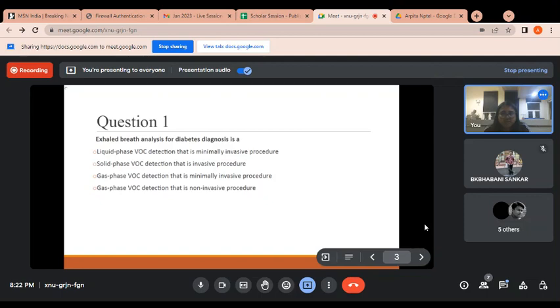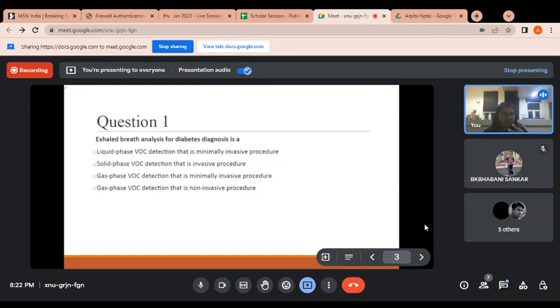Then what is happening in the diabetes case? Option A. But it is a liquid. No, when we breathe out, it is present in the gaseous form, na? When we are inhaling the gas or exhaling the breath, it is in gaseous form.